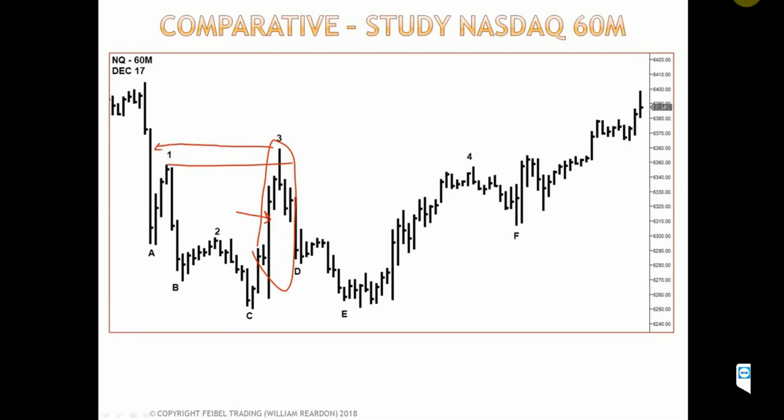So demand is present. Now, as we react from here after demand has proved itself, we want to analyze the quality of the selling. And this is a push down, attempt to rally, and then we analyze another push down. So we're comparing this E to D, and we can see that the selling pressure has deteriorated.